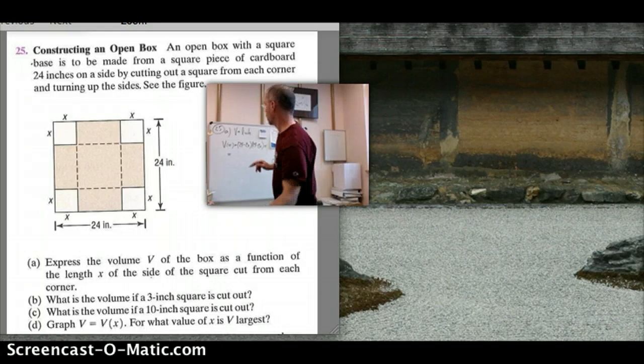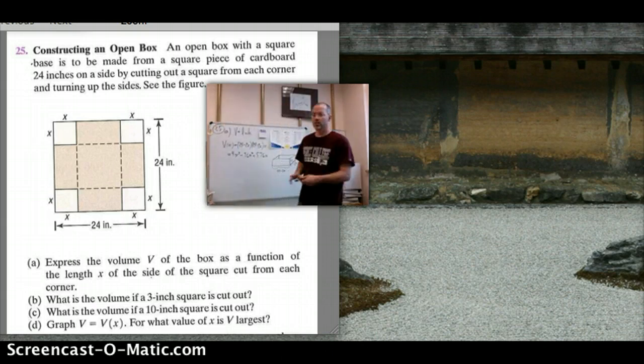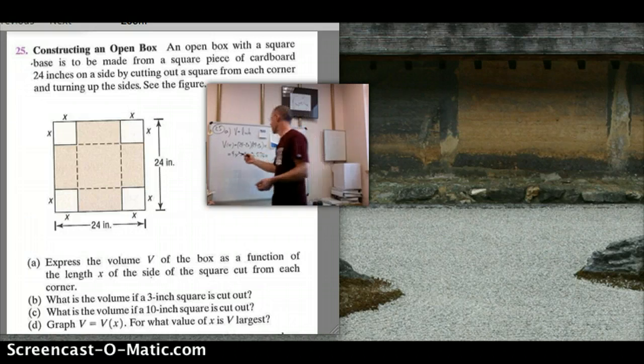I did that a minute ago, and I came up with 4x cubed minus 96x squared plus 576x. I had to multiply out the two binomials and then multiply through by x. And I rearranged the terms as well to write them in descending powers of the variable. So I get this polynomial.